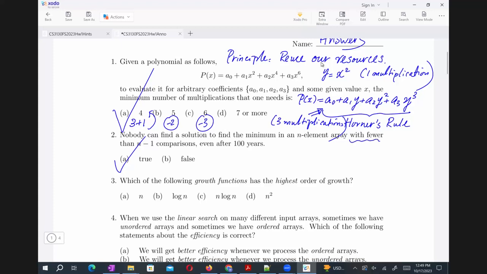Okay, this is the key point: fewer than n minus 1. That means less than or equal to n minus 2 comparisons, even after 100 years.